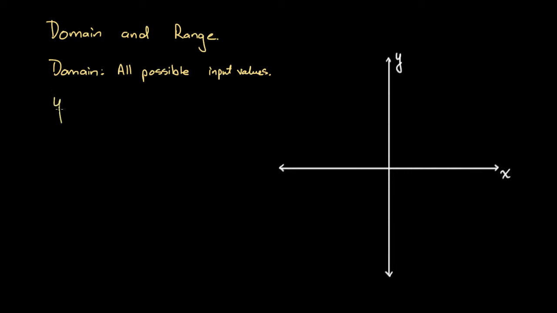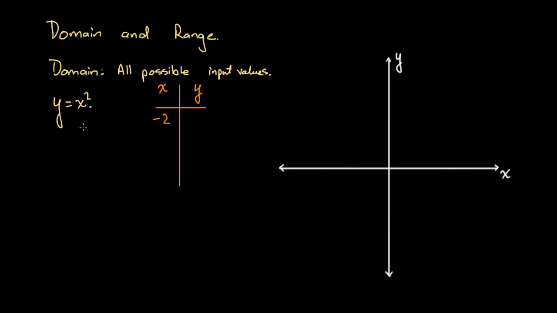Let's consider the equation y equals x squared as an example. So to find the domain, we need to consider all the possible values of x that we could substitute into this equation. For example, let's draw up a quick table of values here of x values and corresponding y values that we could substitute into this equation. Let's consider what happens when we input -2.